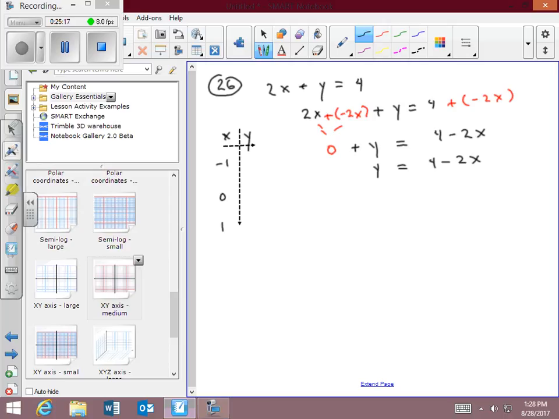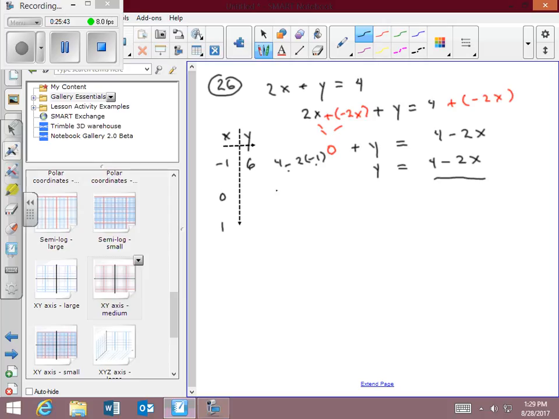Now we put them over here on this side for x. So we're going to have 4 minus 2 times a minus 1. Well, this minus 2 and this minus 1 make a plus 2, right? 4 plus 2 is 6.